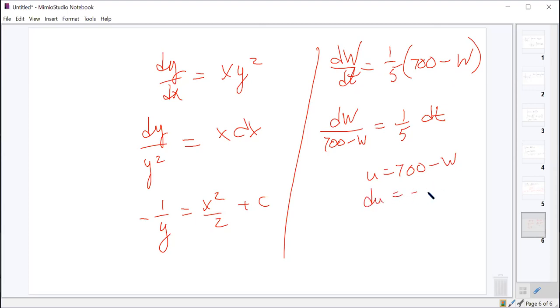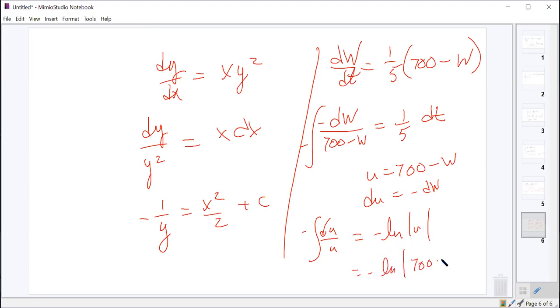Du equals negative dw. So as we integrate, we put negatives inside and outside to get negative integral du over u. Everybody good with that? I know I'm spending a lot of time on that specific one, but I found over the years that that's one of the biggest mistakes that people make.